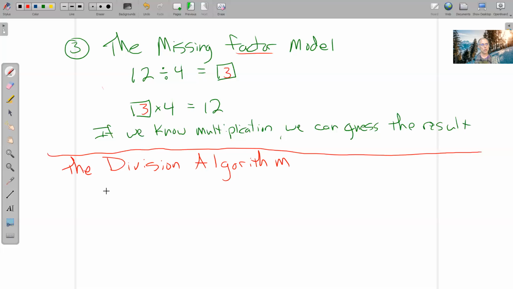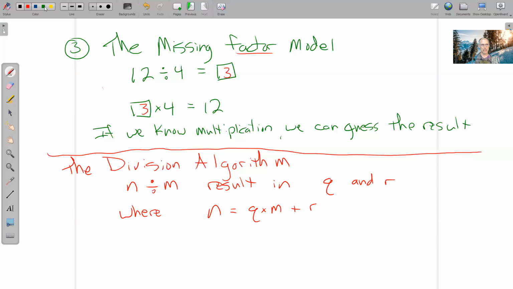If you have, let's say, these numbers n divided by m, that's going to result in these 2 other numbers, q and r, where n equals q times m plus r.